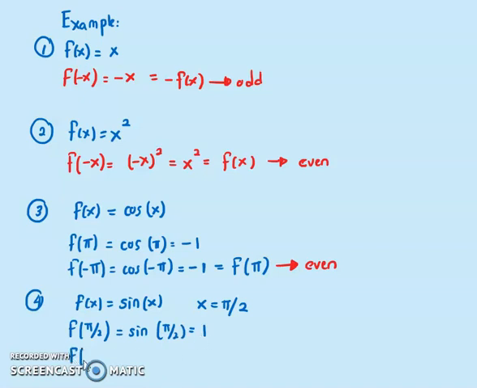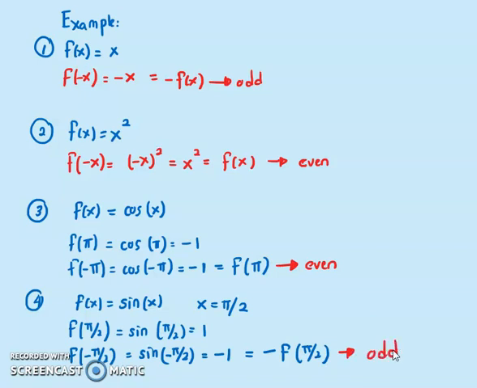Now what is f of negative pi over 2? We have sine of negative pi over 2, which is negative 1. Look at it: this is actually negative f of pi over 2. So this is an odd function.